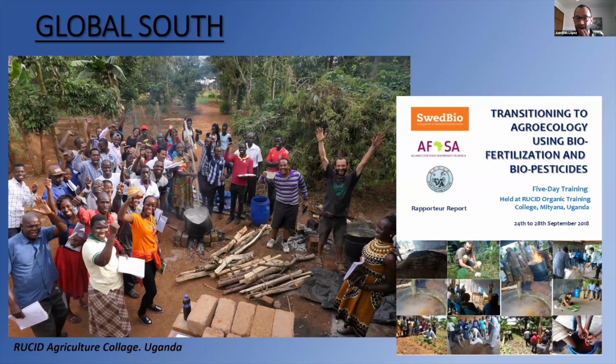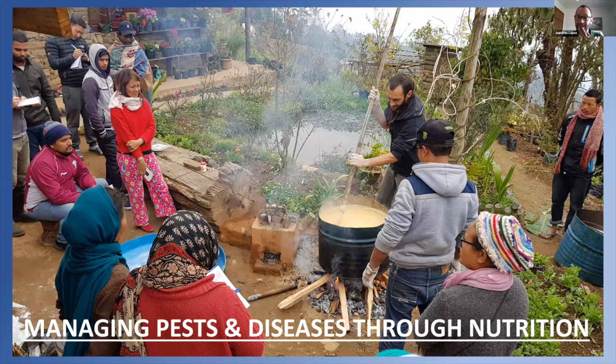We were working a lot there, in many programs the last few years, all over Africa, trying to make bioinputs so that people find it easy to get access to the technology to transition onto agroecology. So it is a very nice example, and the people there in Africa are now experts in all this technology.